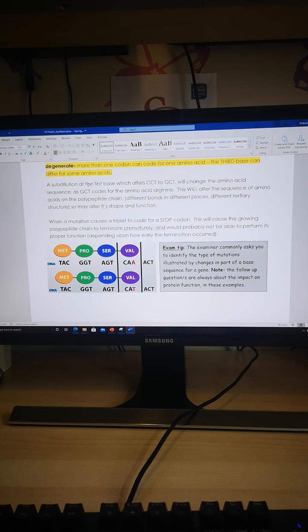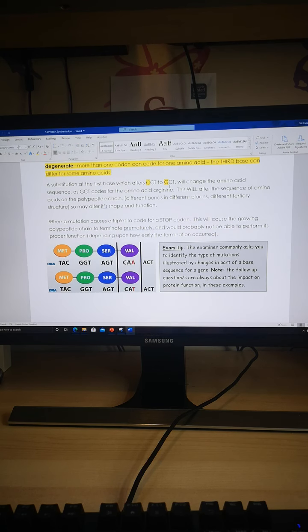A substitution of the first base though, so in this case CCT, changing one base at the beginning, changing that C, substituting it for a G, so that nucleotide containing the cytosine is substituted for one containing guanine at that position during DNA replication, resulting in a change to the amino acid.